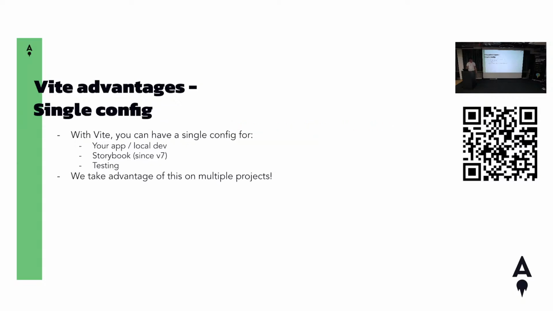So very nice developer experience. Now, this one is really important, and that is having a single config. So you can have a single Vite configuration for your app, Storybook, if you're using it, and your testing setup. And we personally at Applifting take advantage of this on multiple projects, and it's a real time saver.